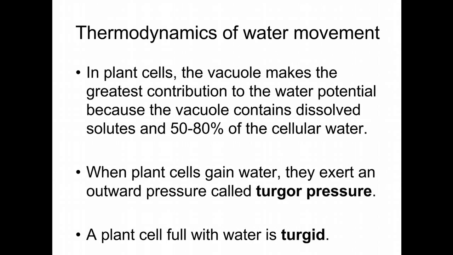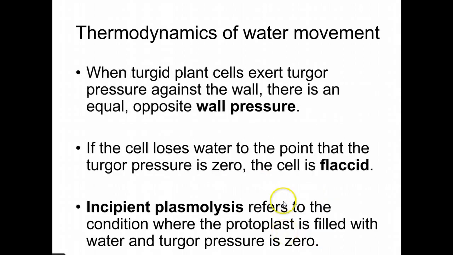Now, in plants then, we're talking about mostly the vacuole, but we're not going to separate the vacuole from the cytoplasm. And we're talking about a positive pressure giving you turgor pressure, and the cell is turgid. And like I've told you several times, that's when the plasma membrane, the cell, the protoplast, presses against the cell wall.